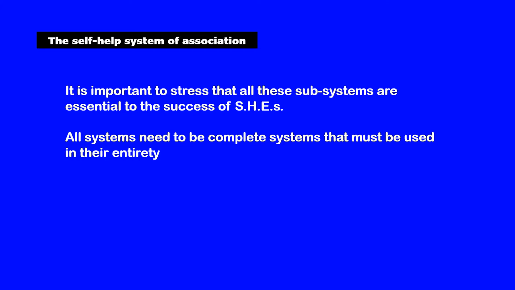In particular, the success of the system of association also requires that the governance and oversight are both rigorous and effective. If you haven't already viewed the video, The Power of Human Systems, I recommend that you see this as soon as you can.